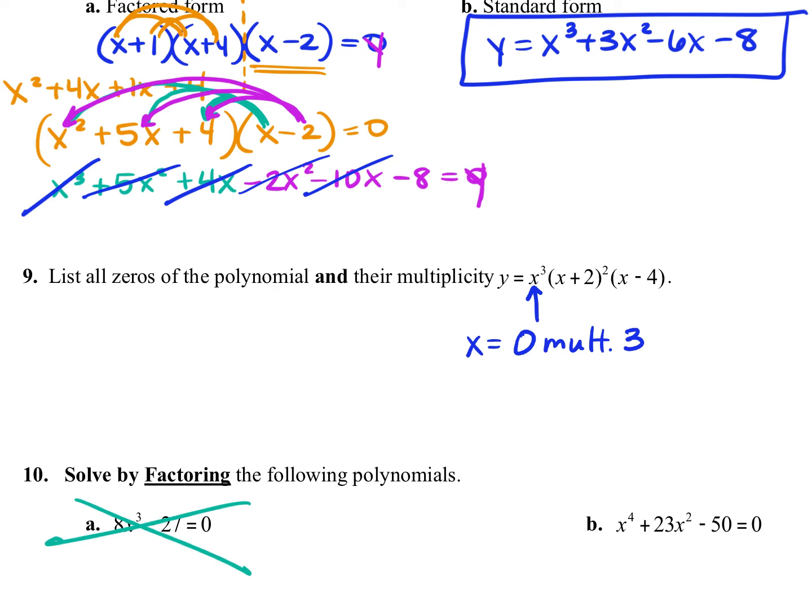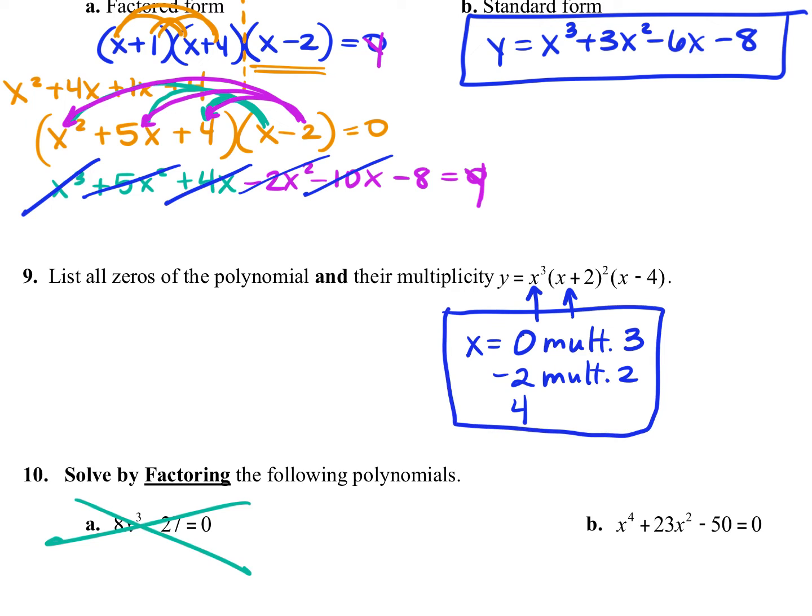What do you get for the next one? What's the 0 here? That would be a negative 2 with a multiplicity of what? Multiplicity of 2. And then what's your last one? 4 with a multiplicity of? Not even 1. You can have multiplicity with 1, right? So just a positive 4 is all you put for that. So 0 multiplicity of 3, negative 2 multiplicity of 2, and 4.